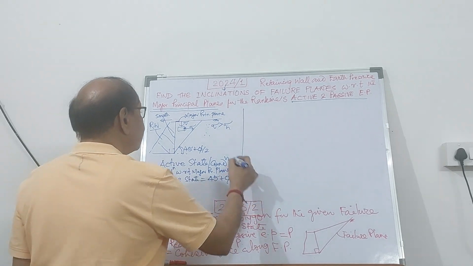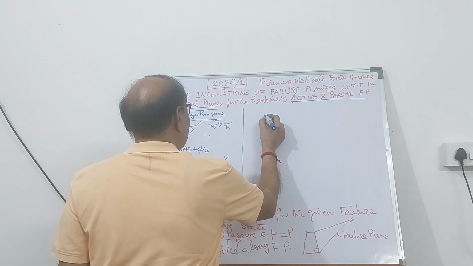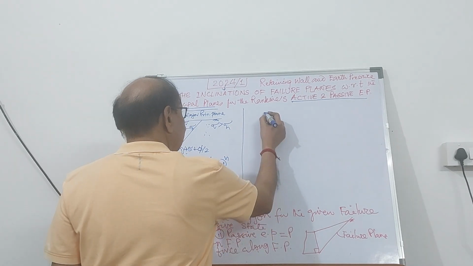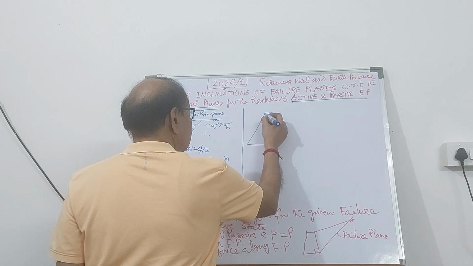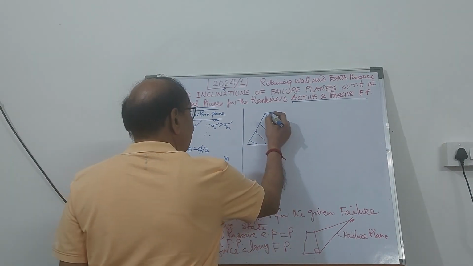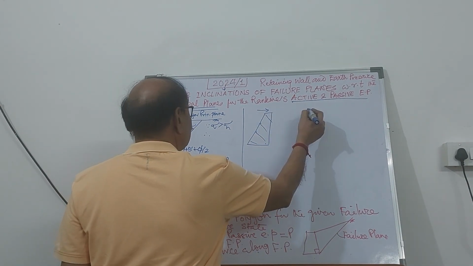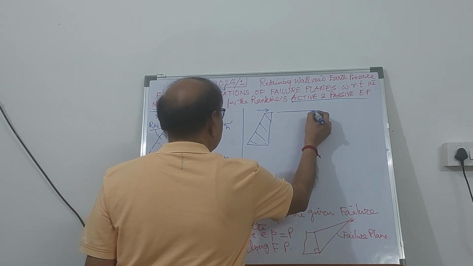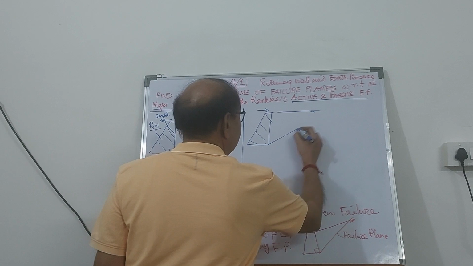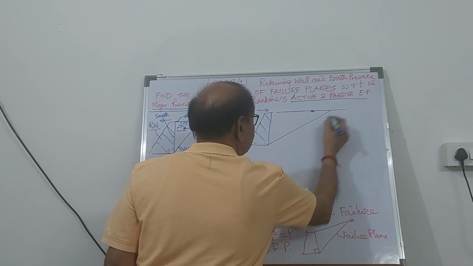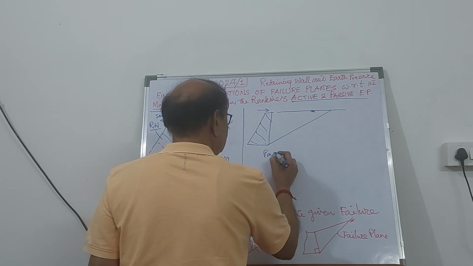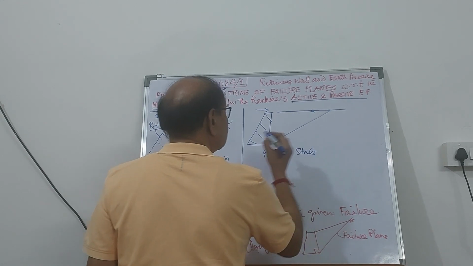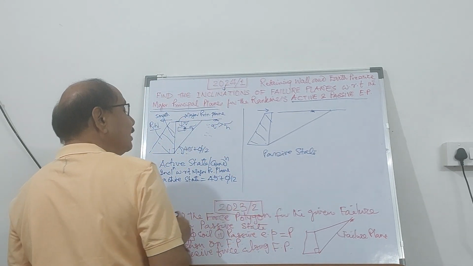Now, let's go for the passive condition. In the passive condition, there is the retaining wall. This wall is moving towards the backfill. There is the top of the backfill, and the failure plane in passive state is going to be like this.